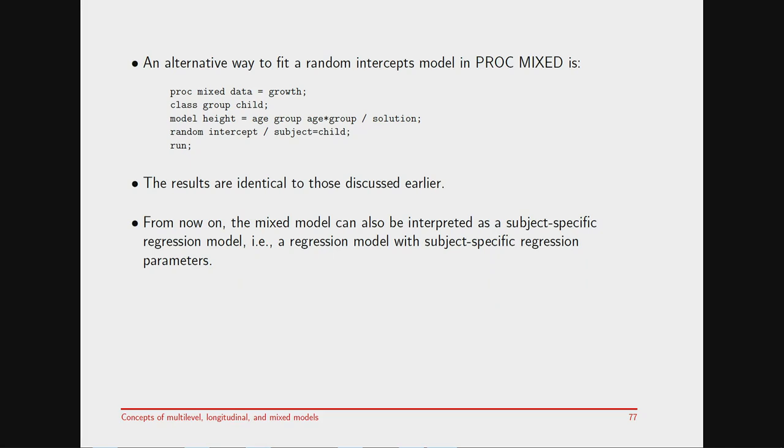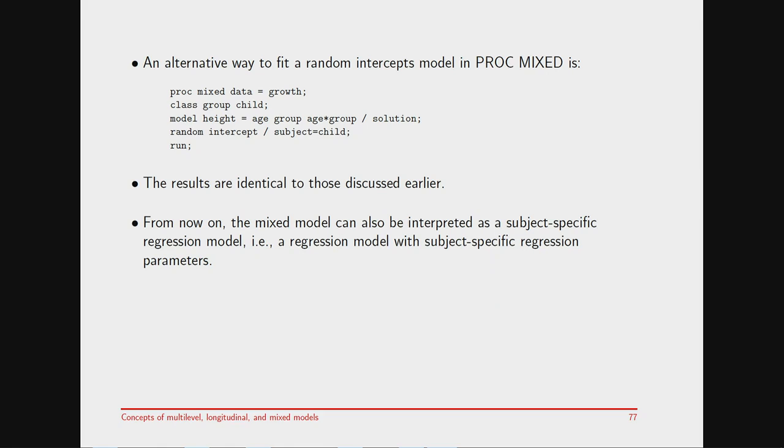And in the syntax, you can fit the same model with the same output by just specifying now the following random statement. The model statement remains the same as before, but in the random statement, we now say we have random intercepts, but then, of course, we need to tell SAS what the clusters are in my data set.